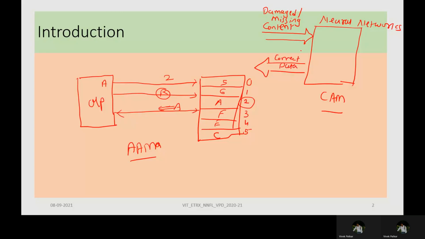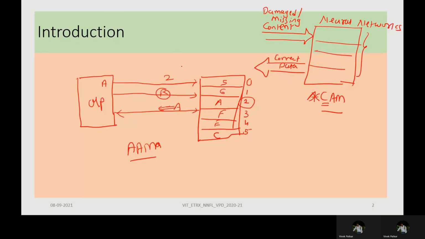Here, I didn't address the memory location. I gave the content. The memory matched that damaged content with the closest matching one of the stored contents, and then gave the correct content. So we address the memory using the content, not the address.